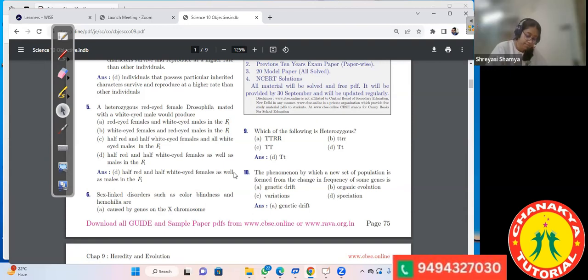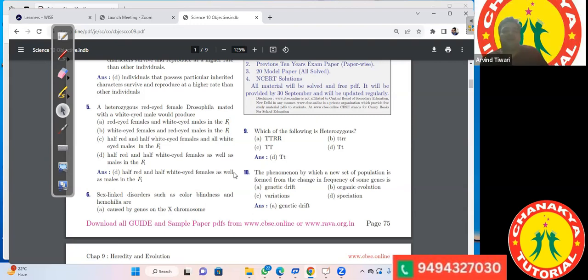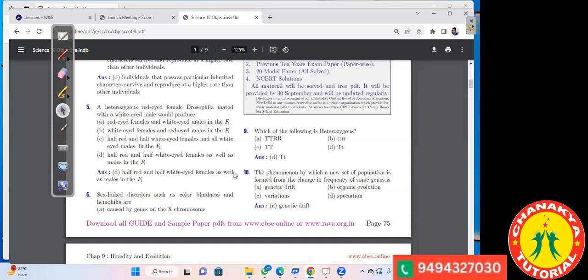Red eye is the dominant one, and that red eye is heterozygous. So what are the chances of getting which one? Both of them will have almost an equal chance of appearing, right?